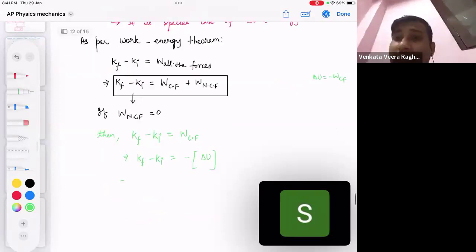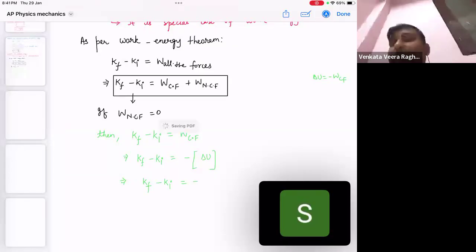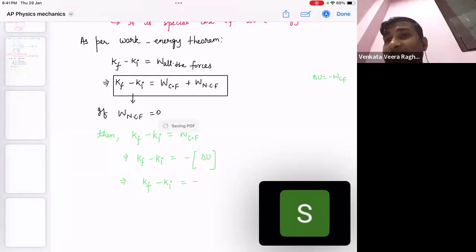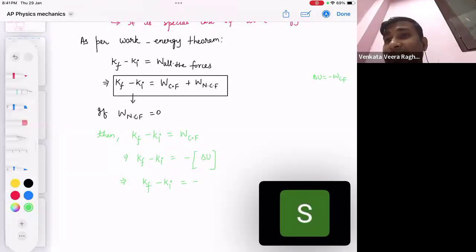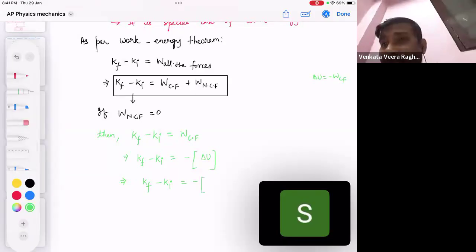So if you write it a little bit further, K final minus K initial equal to minus delta U. What is delta U? Delta U means change in potential energy. Let's just write it as change in potential energy, U final minus U initial.